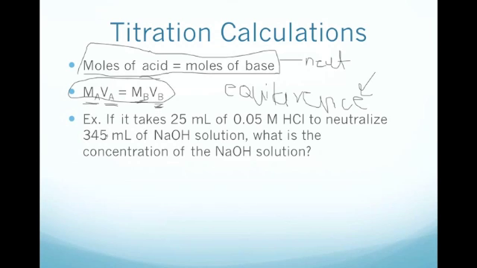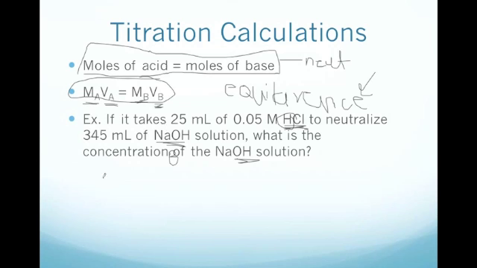So our example: if it takes 25 mL of 0.05 molar HCl, so we know that's our acid because it's got that H, to neutralize 345 milliliters of NaOH solution, so that's our base, what is the concentration of the NaOH solution? So we're looking for the molarity of that base.